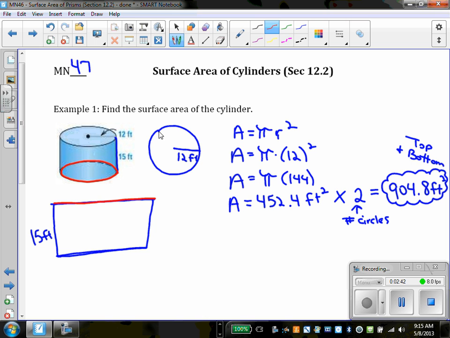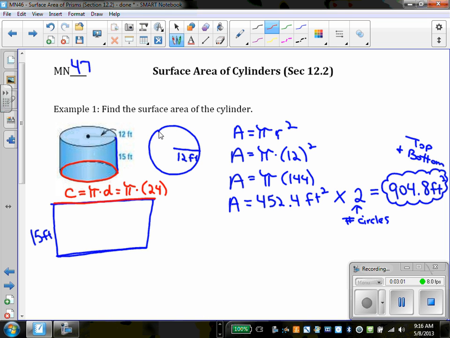So this right here, to find this length of this rectangle, you need to find the circumference, which is pi times diameter. Now we know that the radius was 12 feet, so the diameter is going to be 2 times that radius, which is going to be 24.